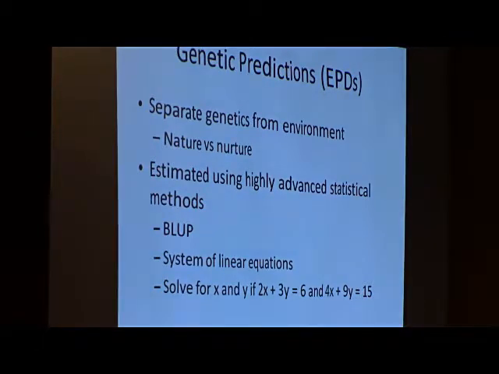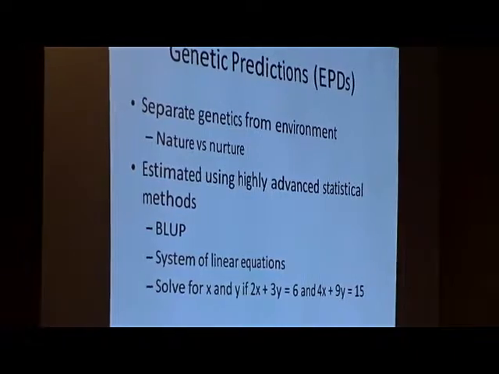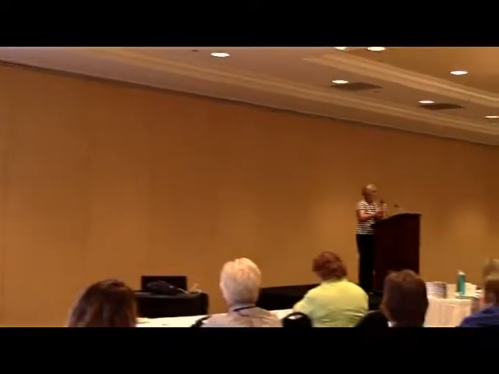However, in our current evaluation we have 16 million animals, several different traits, and several different environmental effects that we're trying to remove from these EPDs. We're trying to account for breed composition and heterosis, things like that.